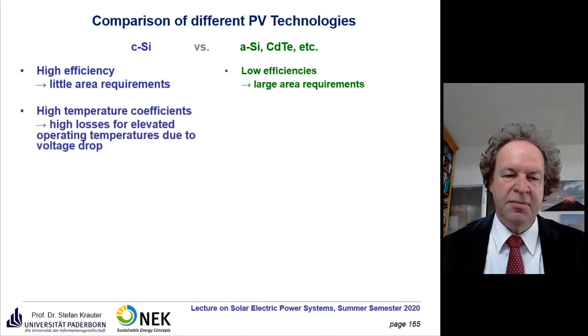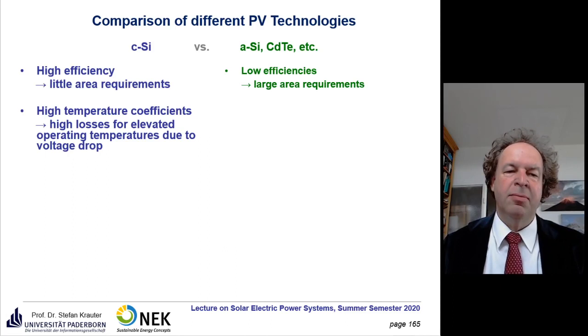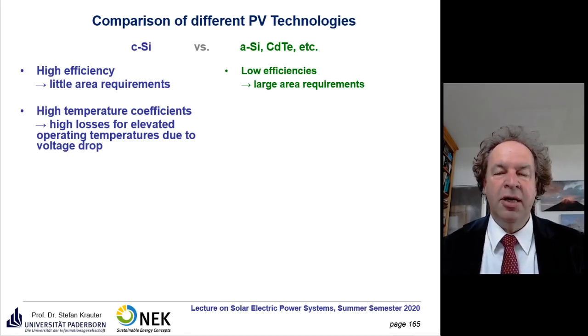Also, this is more of a disadvantage: crystalline silicon has a higher temperature coefficient. That means you have to take into consideration losses at high temperatures. As I mentioned, unfortunately, the standard test conditions are set with a cell operating temperature of 25 degrees, which is not realistic at all.